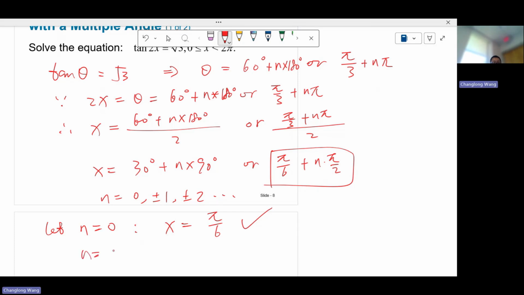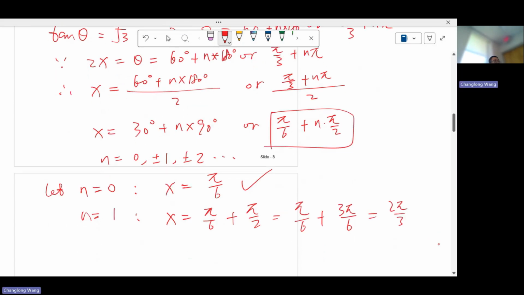What about n equal to 1? So x is pi over 6 plus pi over 2, right? That is pi over 6 plus 3 pi over 6, which is 4 pi over 6, which will be 2 pi over 3, right? Okay, so we need it.